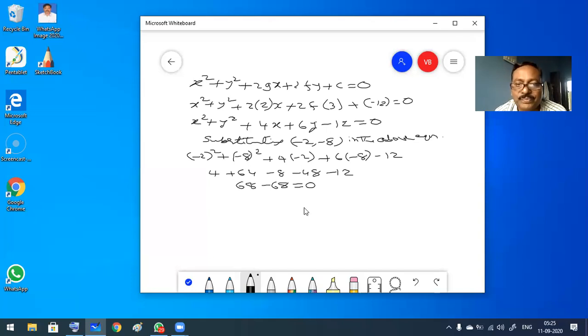So therefore the fourth point is also on the circle. The circle passes through minus 2 comma minus 8.